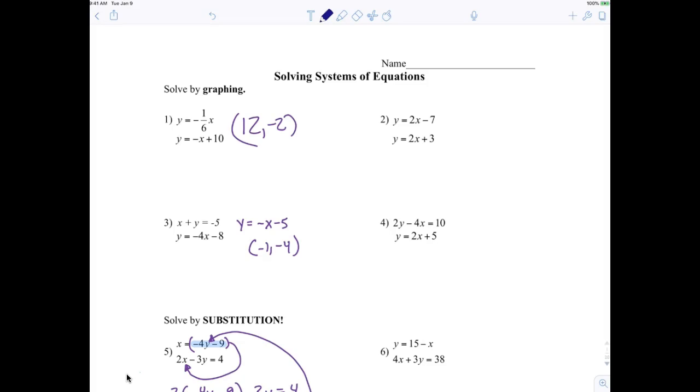Now, remember, some of you guys, if you ever have trouble with your calculator, Zoom Standard is a great thing. All right, Zoom Standard. You're just typing in negative 1/6 x under y1, and then under y2, you're typing in negative x plus 10. Now, if you look at your screen, they don't intersect. So you have to make the x max bigger.